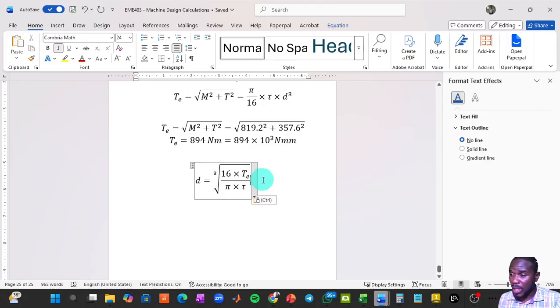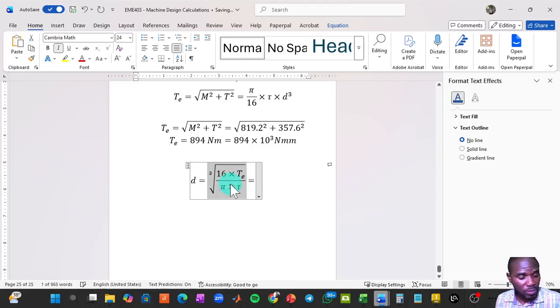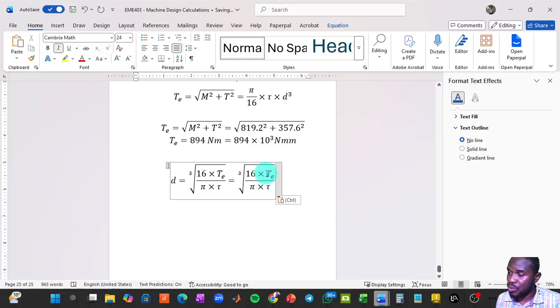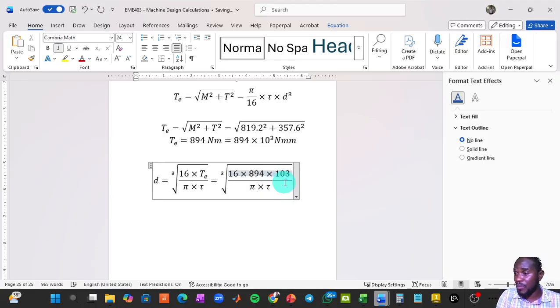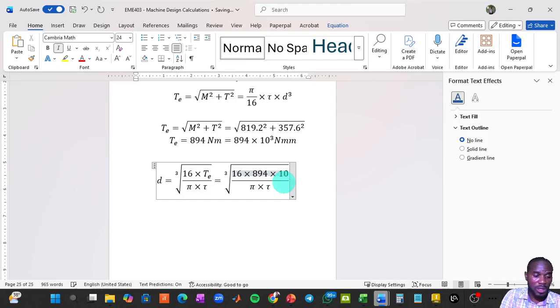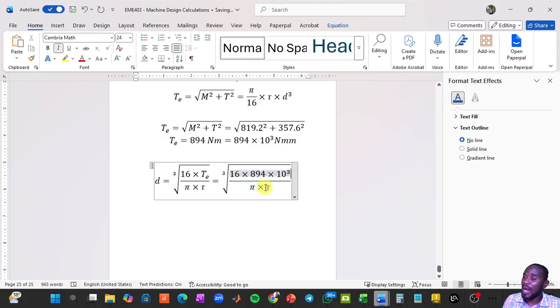And so, if we're doing this, this equals the cube root of 16 times 894 times 10 to the power 3, divided by pi times 42 megapascals.